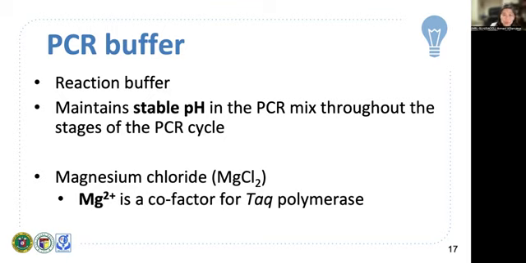So without magnesium in your PCR buffer, hindi gagana si Taq polymerase, which is why in optimization of our PCR, bago tayo mag-conduct ng mga experiments or runs in the laboratory, this is actually the levels of your magnesium chloride. It's actually the one that is commonly being changed for us to be able to optimize our PCR runs.